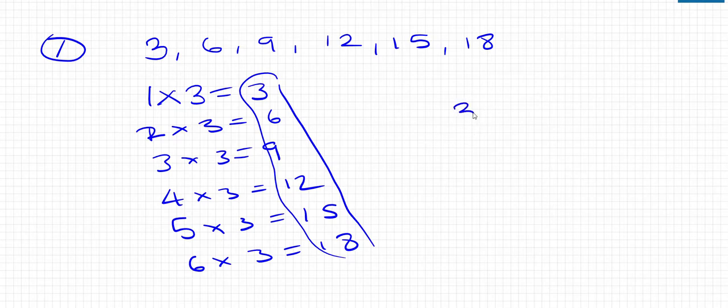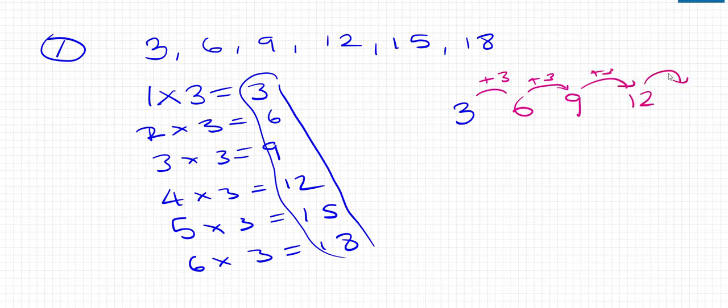Another approach, say somebody didn't know their 3 timetables, which is fine. To work out multiples of 3 without any timetable knowledge, just keep adding the same number. So I'm working with 3. What is 3 plus 3? Well, 3 plus 3 is 6. And then keep going, keep plussing 3. What is 6 plus 3? 9. What is 9 plus 3? 12.